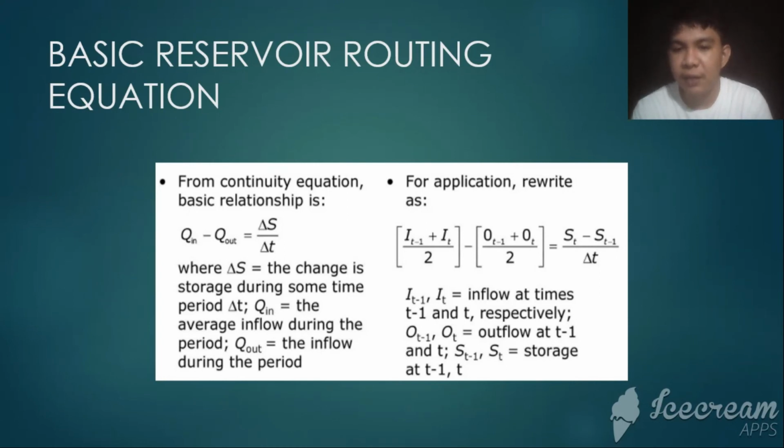So we have the inflow at times t minus 1 and t respectively. So we also have the outflow at t minus 1 and t, then storage at t minus 1 and t.